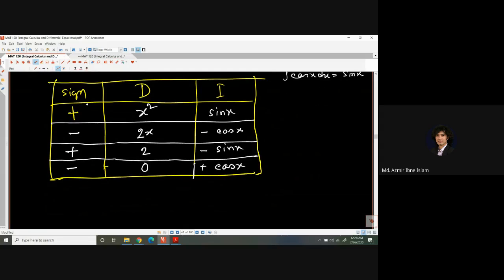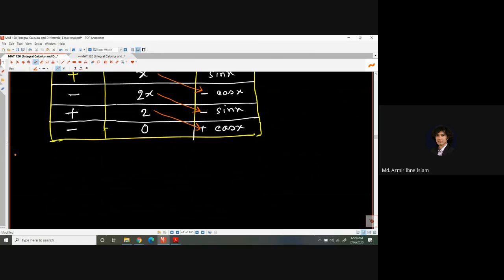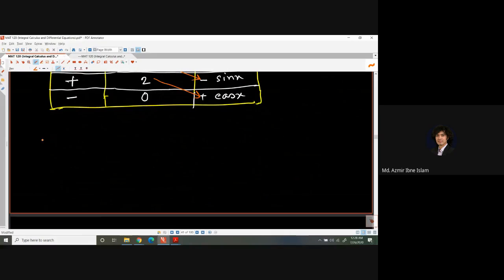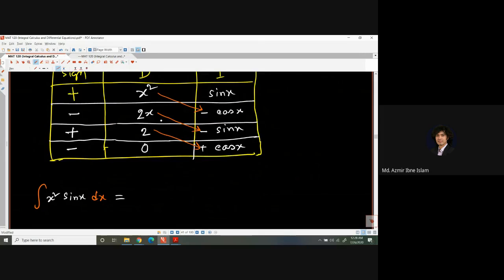Now make the correspondence, that is, we have to multiply: the first term will be the multiplication of this and this, the second term the multiplication of this and this, and the third term the multiplication of these two. So this integral, the integration of x squared sine x dx, in terms of x can be evaluated by this tabular technique.